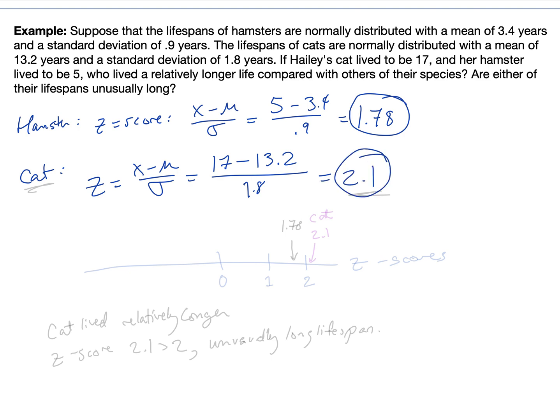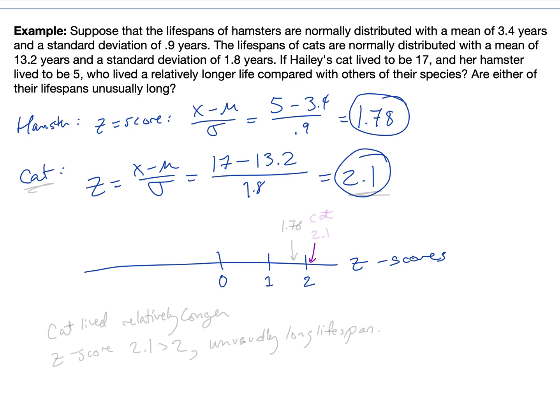So we got a z-score of 1.78, a z-score of 2.1. And so we figured out that in terms of z-scores and ages, both of these animals lived to be relatively old, as we could tell from the numbers to begin with. But z-score 0, 1, 2. One of them was a little bit above 2.